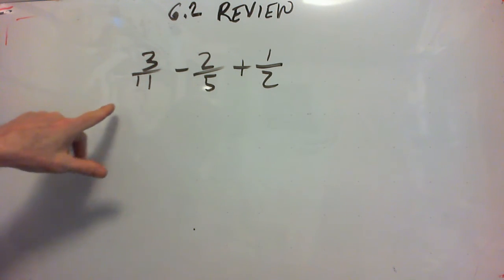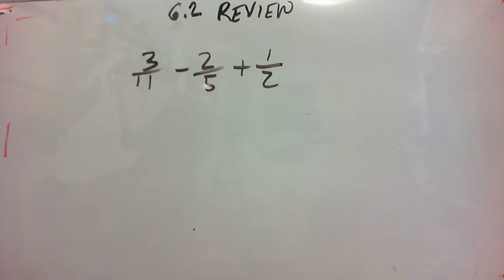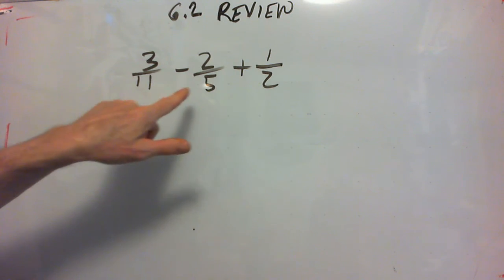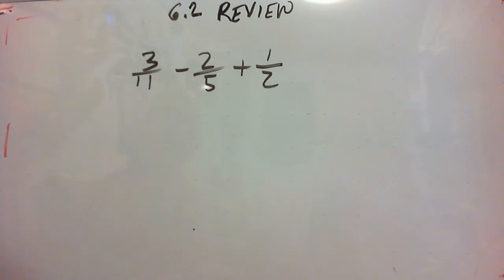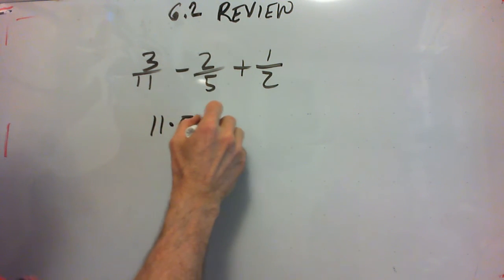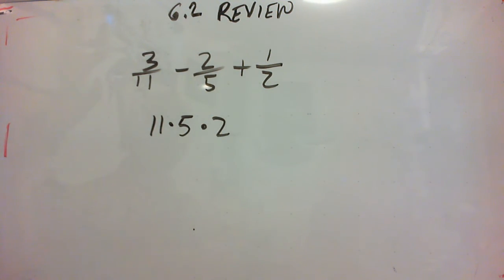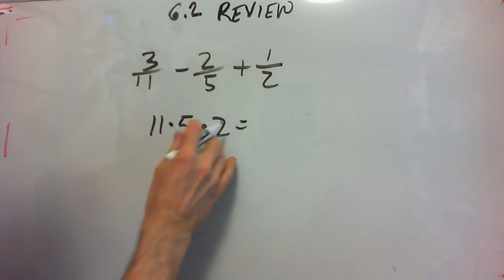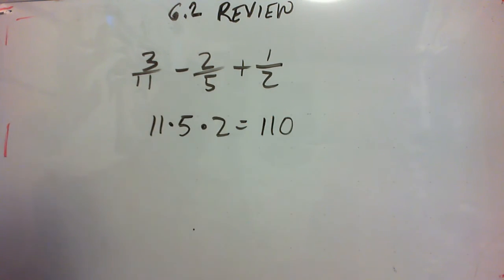Okay, and a common denominator will always equal the product of the denominators. 11 times 5 times 2, which is 10 times 11, 110.